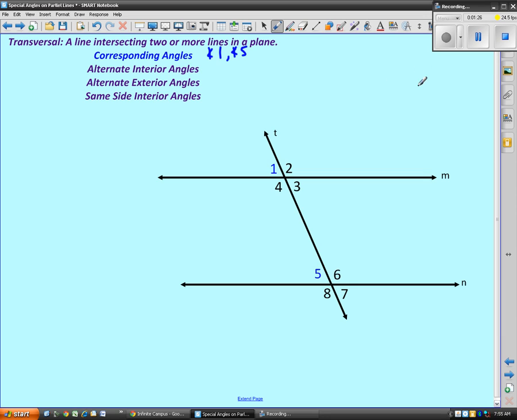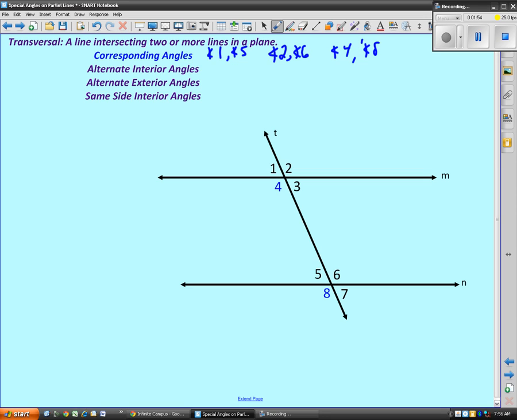There are other corresponding angles, and I will continue to list them. 2 and 6 are also corresponding angles because they are in the same relative position. 4 and 8 are also corresponding angles because they are in the same relative position. You can see that they are both below the parallel lines, and they are also on the left side of the transversal.